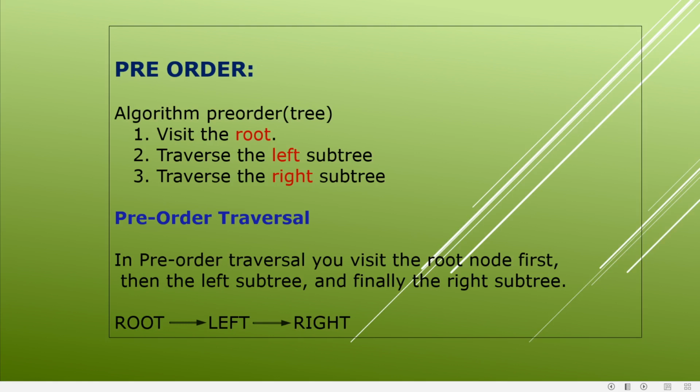Traverse the left subtree and then traverse the right subtree. So first we visit the root node, then the left subtree, finally the right subtree. First one is root or parent. Root, left, then right.